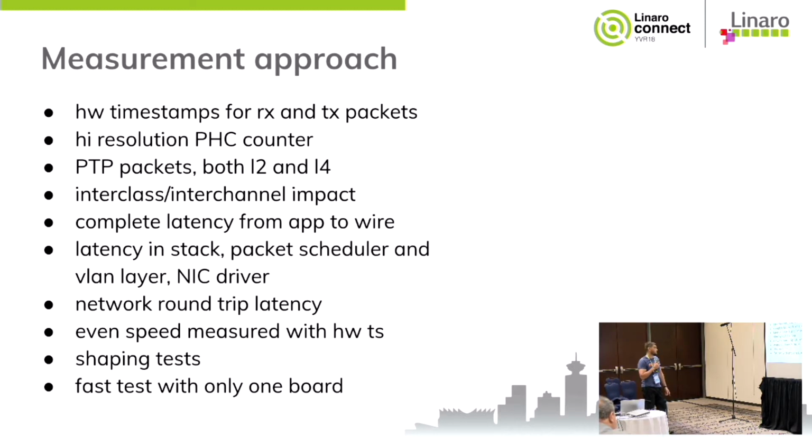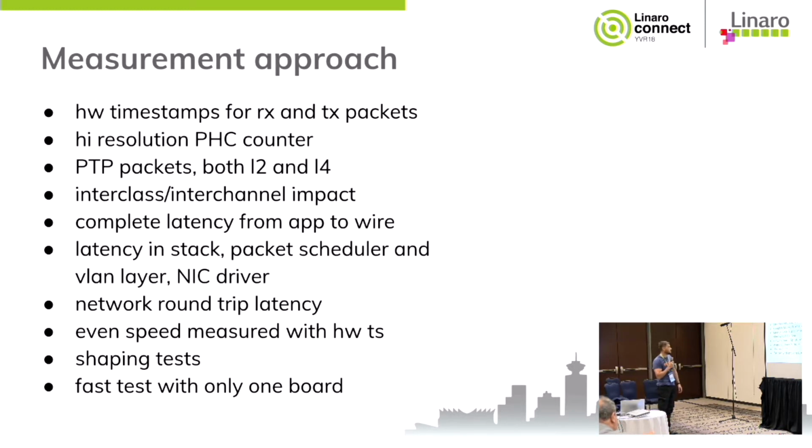In our hardware, we have a hardware filter that gets these timestamps only for PTP packets, both for L2 and L4. Using this approach, we can quickly test with only one board both latencies and inter-channel impact. And I'm going to show you how we did this.